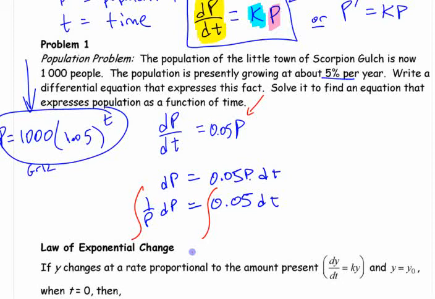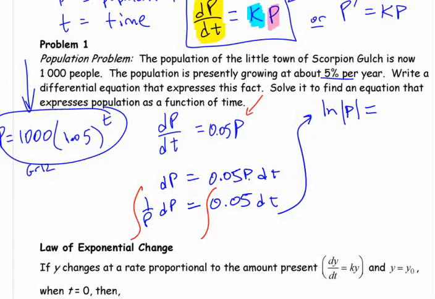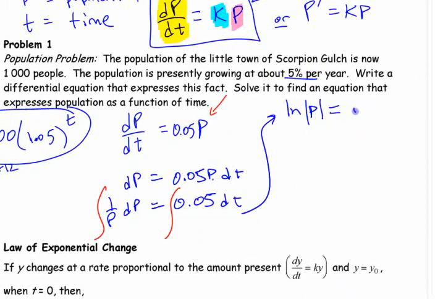What do you get here? You get ln of the absolute value of P equals 0.05t plus a constant. But we want to write it as P is equal to something, so you have to anti-ln both sides.